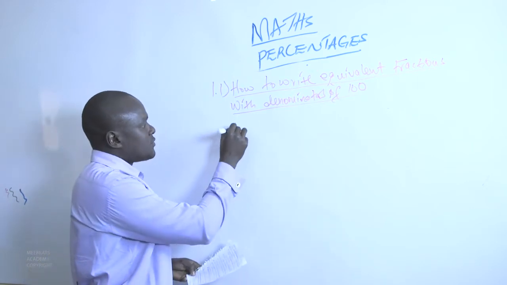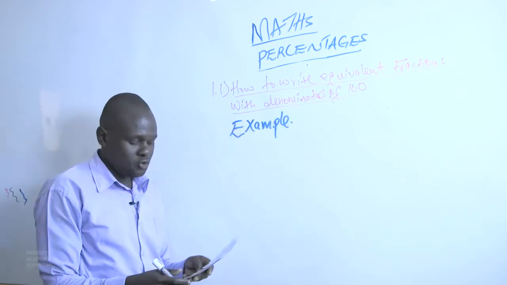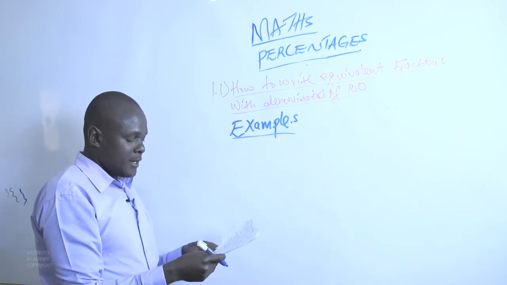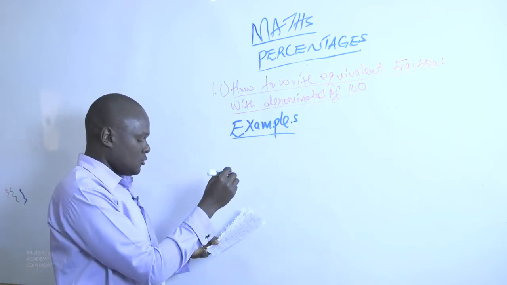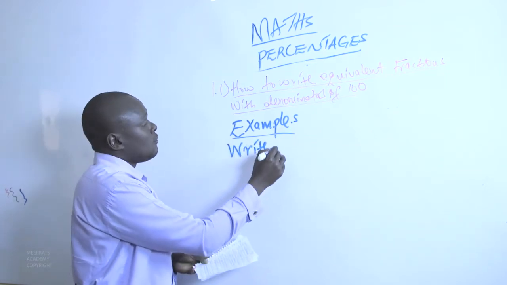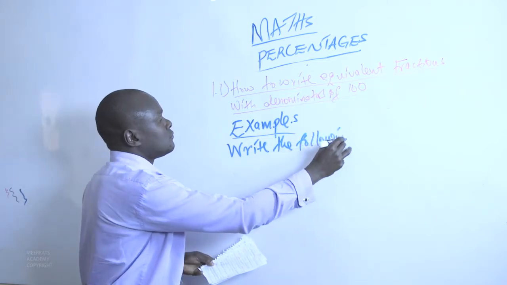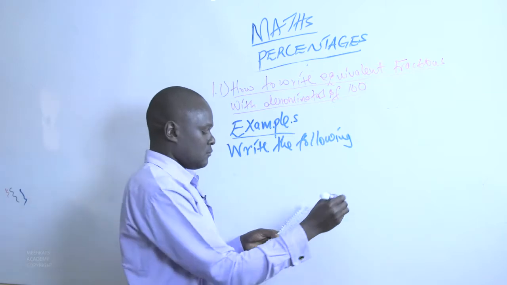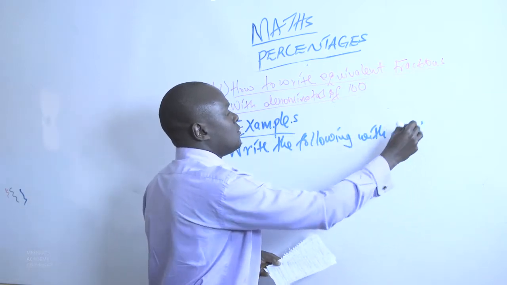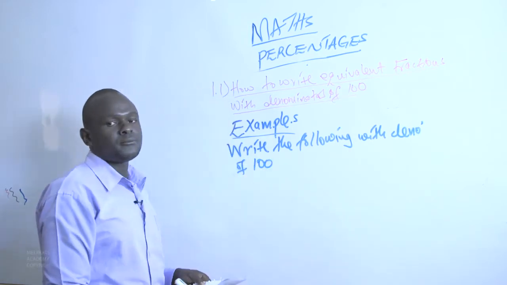Examples. This can be illustrated using examples for us to understand. We can have a question like this. We are required to write the following with denominators of 100.